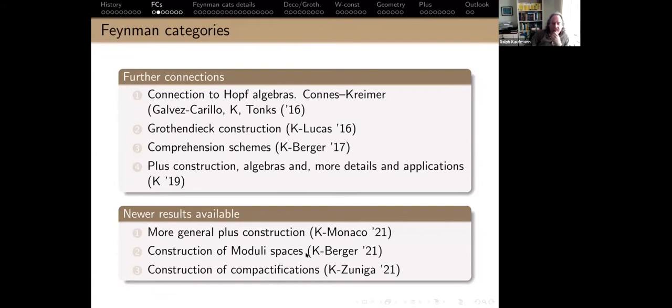There's a construction of moduli spaces, which I'm currently doing with Clemens Berger, and there's a construction of compactification with Zuniga. And so this one has a new input. And these two are actually sort of nice because they take what's there, all the methods we have, and they do computations and construct something concretely.